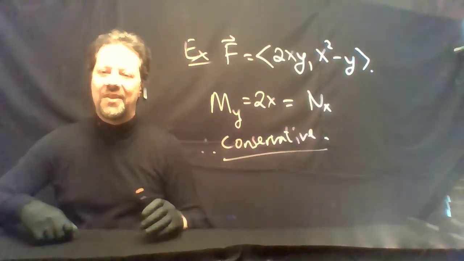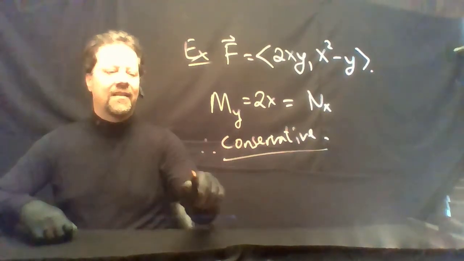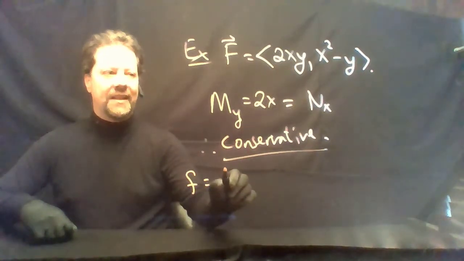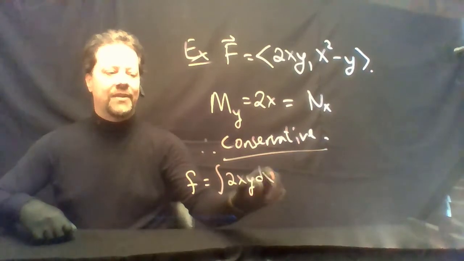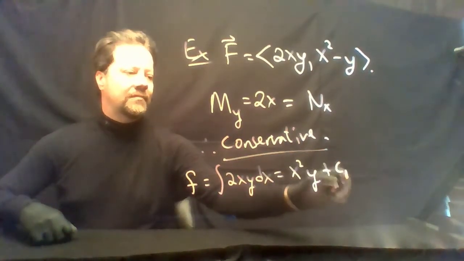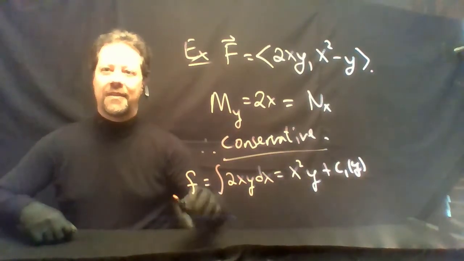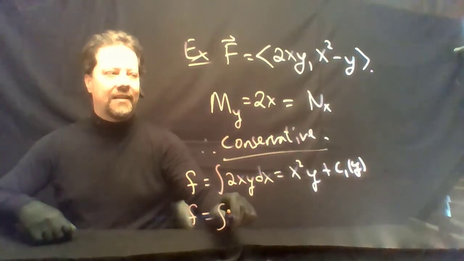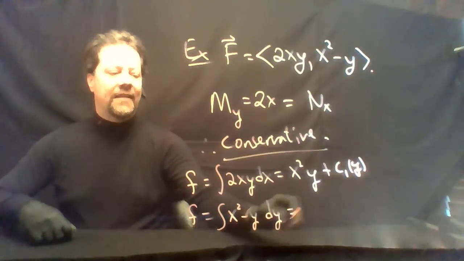Now that we know that it is conservative, let's find the potential function. To do that, keep in mind that we integrate m with respect to x. That gives us x squared y plus an arbitrary function of y. Alternatively, we have to integrate n with respect to y.